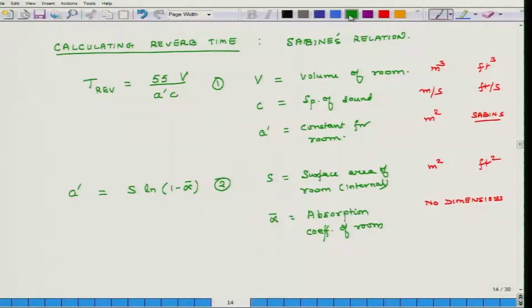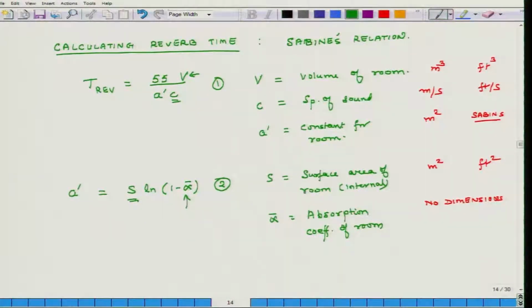If we have a room which is given, I know how to calculate S. I just have to measure all the internal geometry of the room and I can calculate S. I know the value of C, and I can calculate V. The only thing is I do not know alpha bar. So in the next class we will learn how to calculate alpha bar for the room, because once we do that, we calculate A prime, plug that A prime into the relation for T rev and calculate the reverberation time.